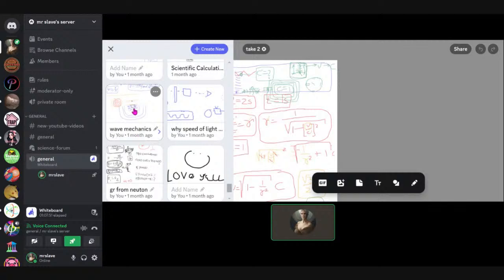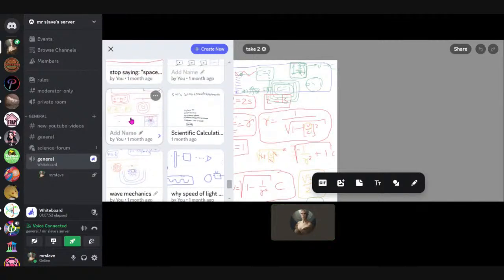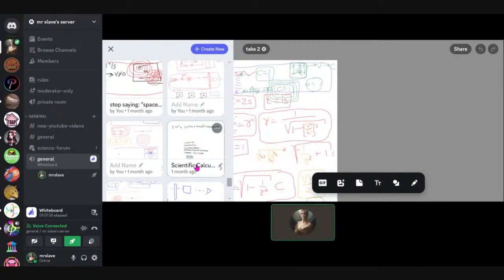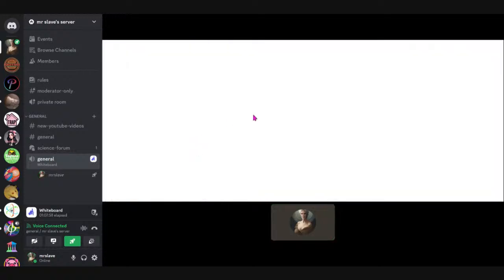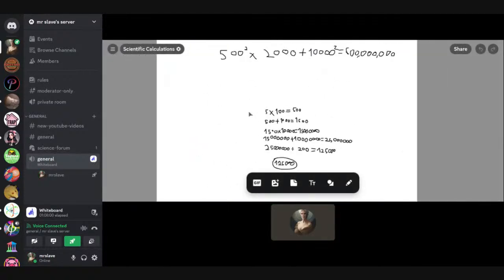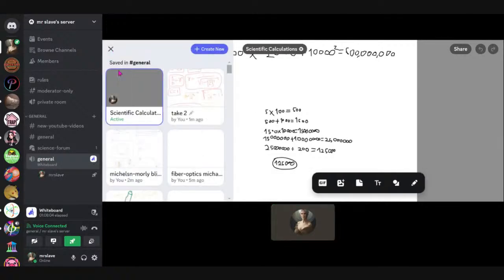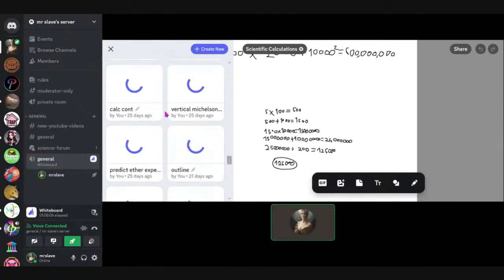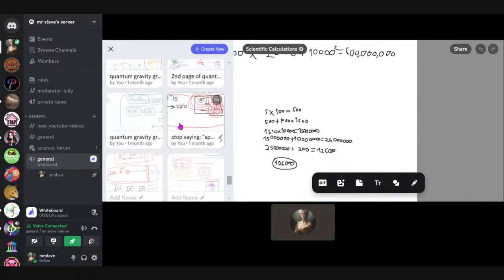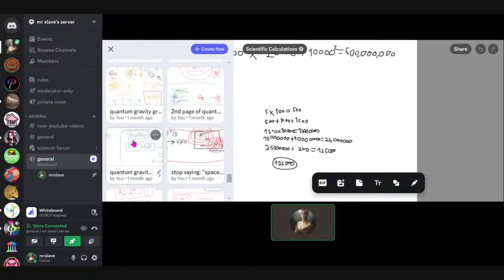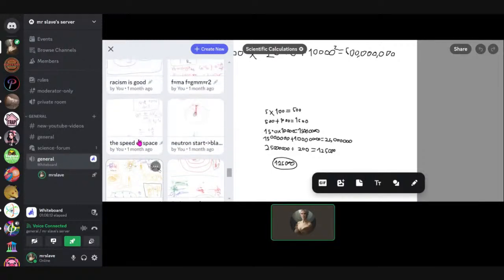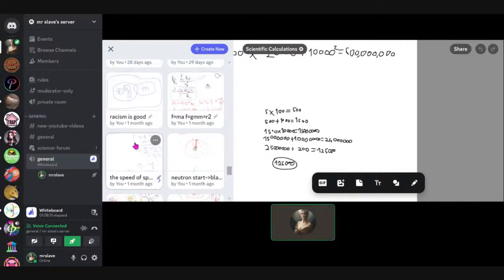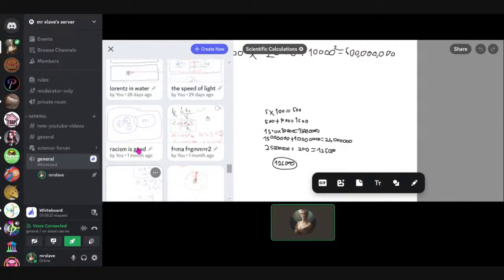Wave mechanics. Probably not. Scientific calculation of what? I don't know what this is. Second Newton's, the speed of. That doesn't look like it.